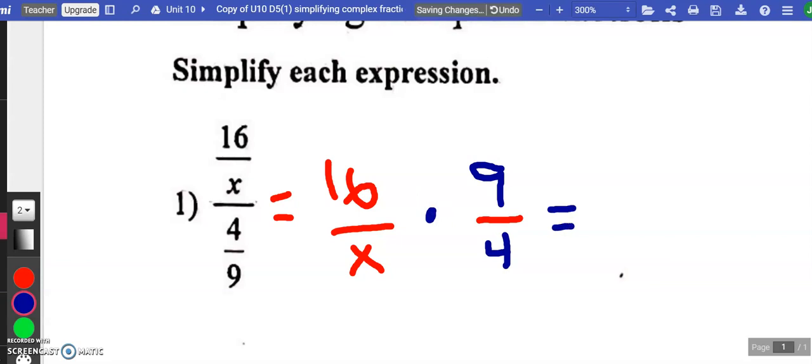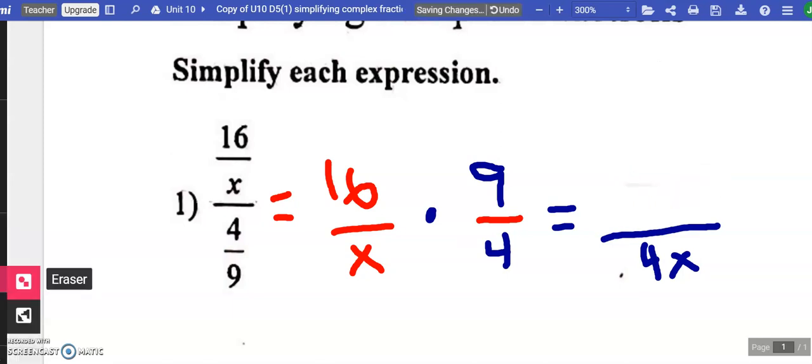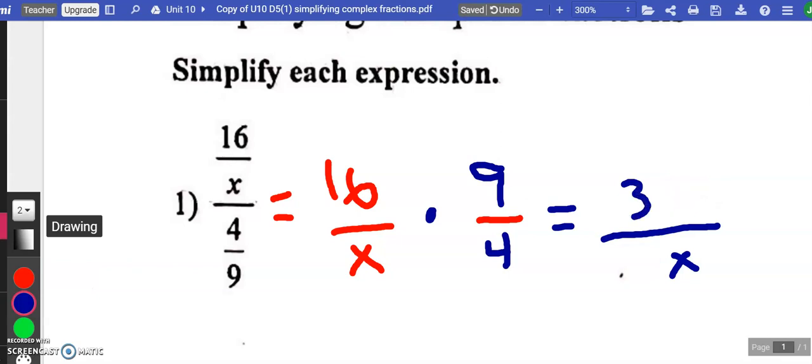So 16 times 9 would give me 144. X times 4, we would write as 4x. And then just like in the previous example, we'll simplify the fraction. So if I take 144 divided by 4, it will reduce to 36.